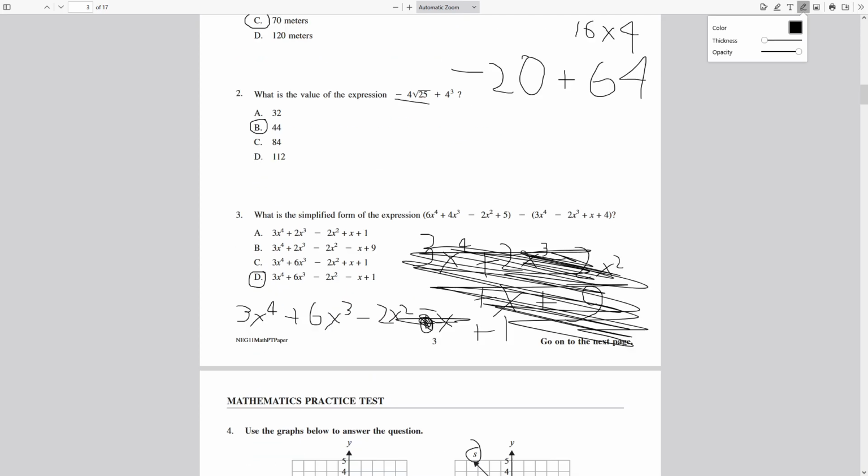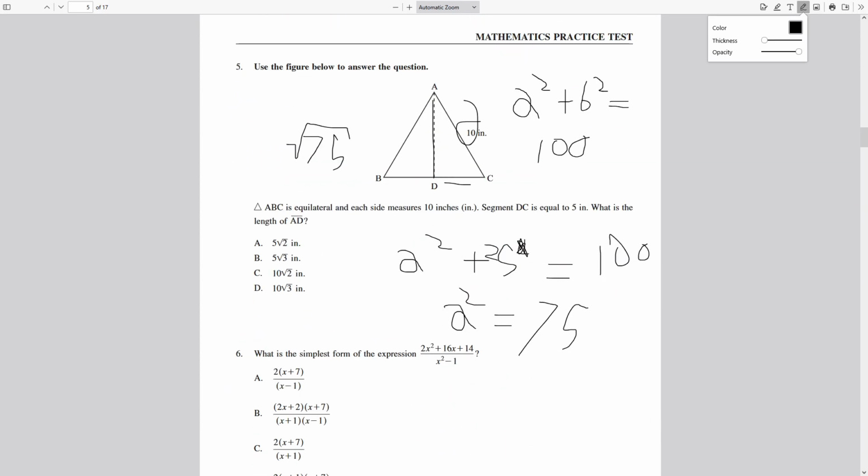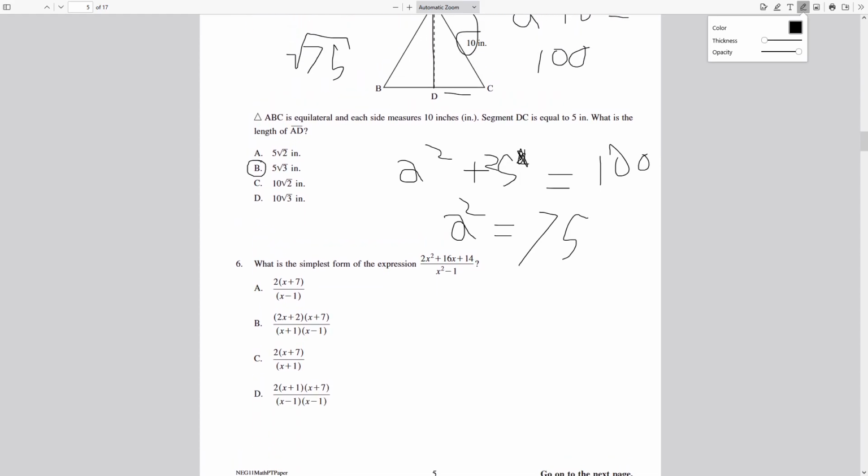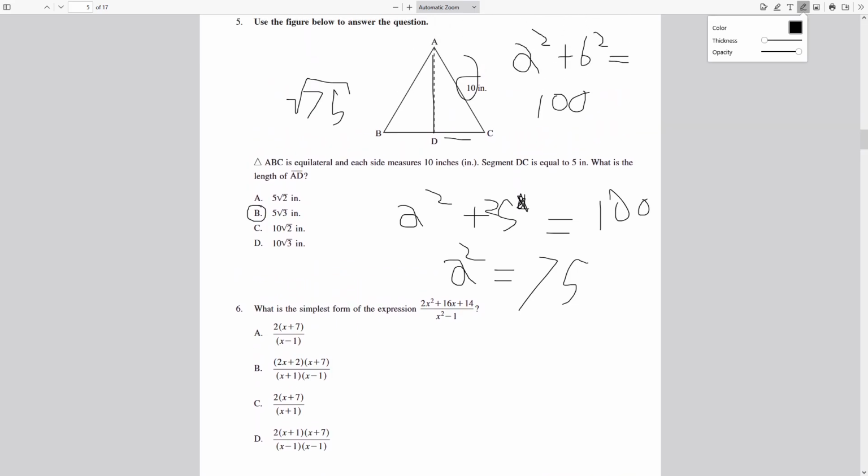Okay, I'm going to guess that it's 5 square root of 3. Because 3 goes in 75, and so does 5. They both go in 75, so I'm picking that.